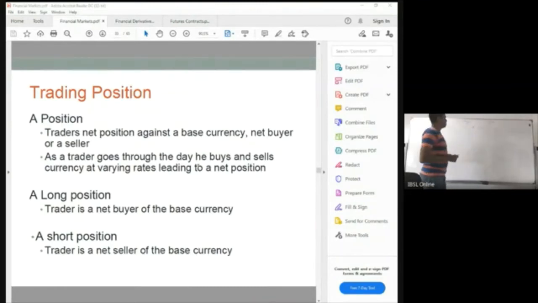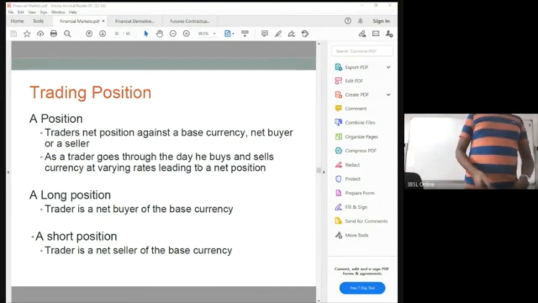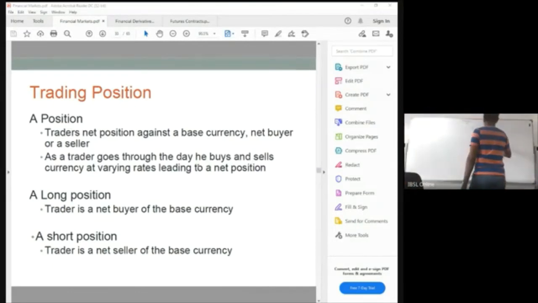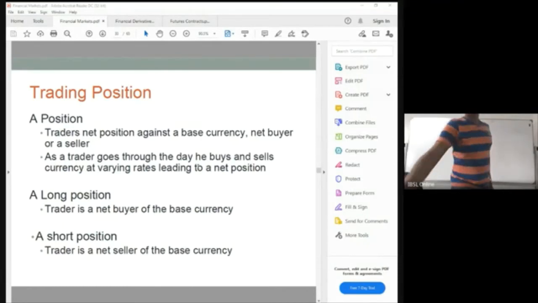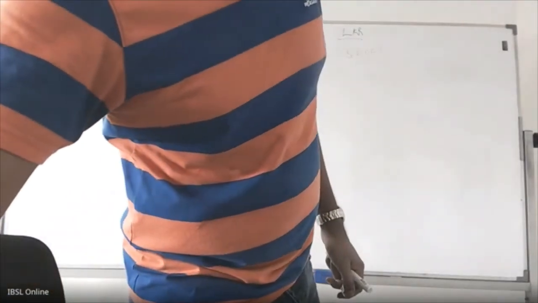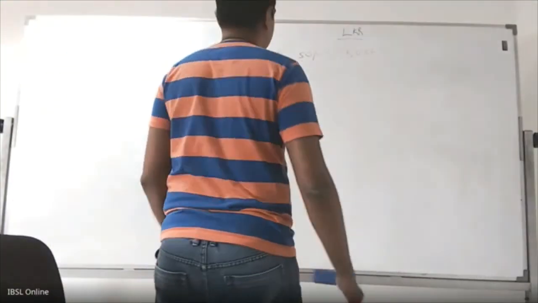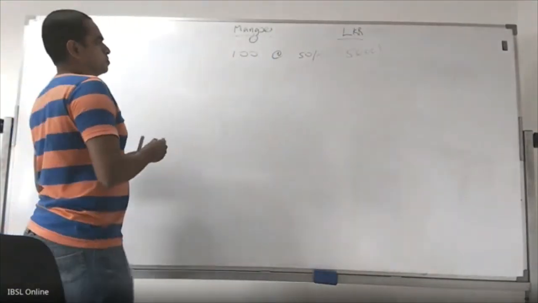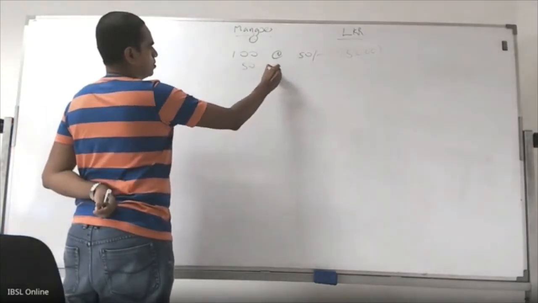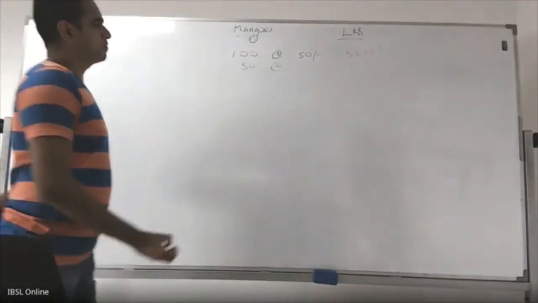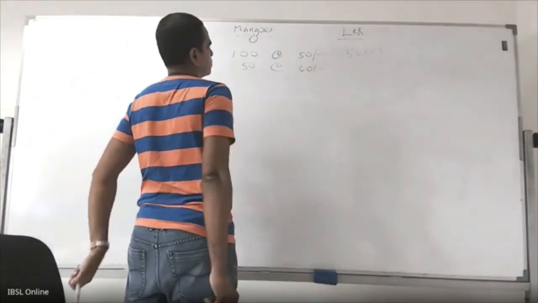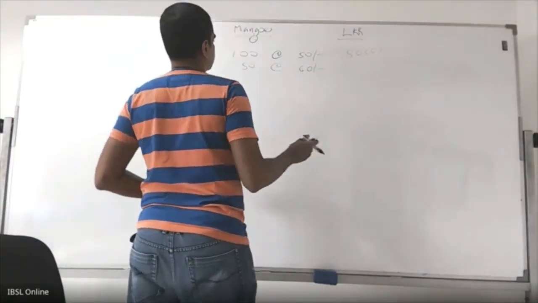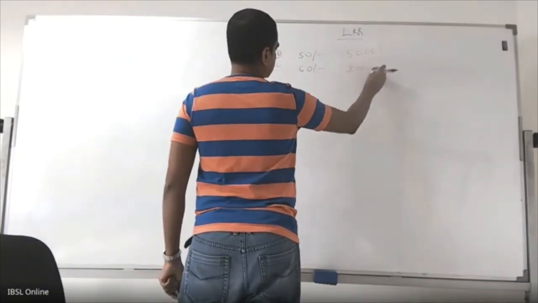Right. So when you buy 100 mangoes, you go short on rupees, because you give your rupees and buy mangoes. Which means here you are short 5,000. Correct? Then let's say you bought another 50 mangoes at a price of 60 bucks. That comes to minus 3,000.